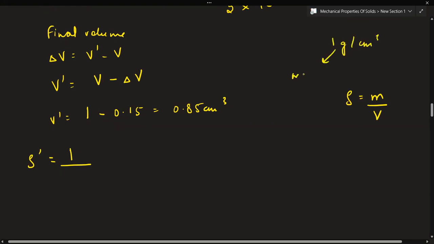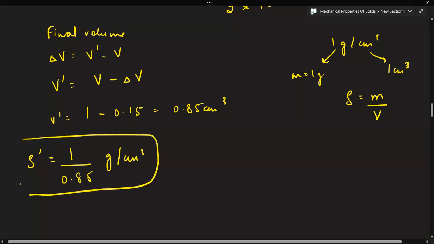So mass is 1 gram and the final volume we have calculated is 0.85, so 0.85 gram per centimeter cube. This is the final density. Understood or not? Yes, ma'am. Shall I repeat once more or is it fine? It's fine, ma'am. Okay, just note this then.